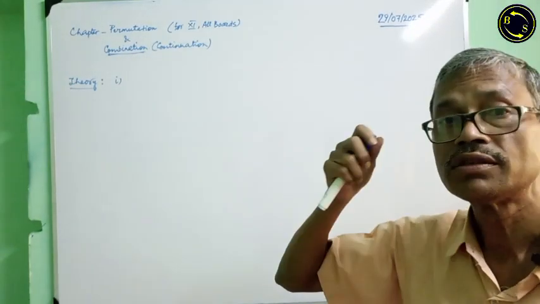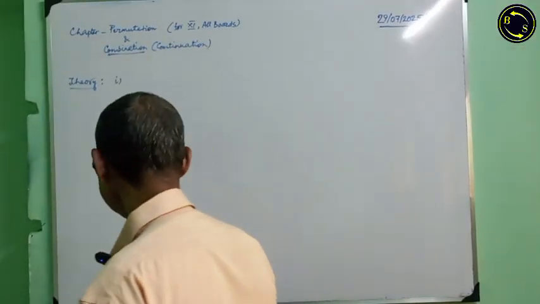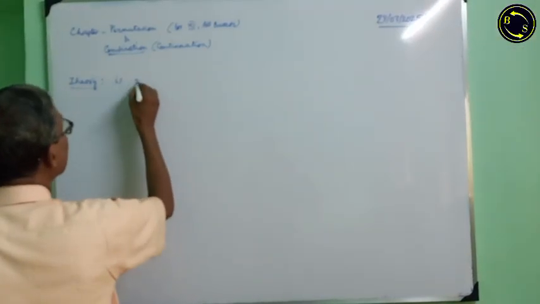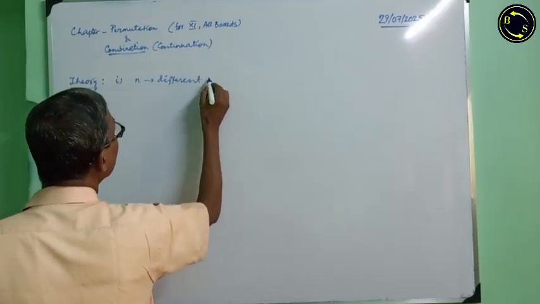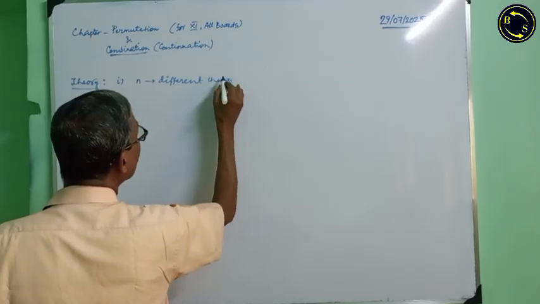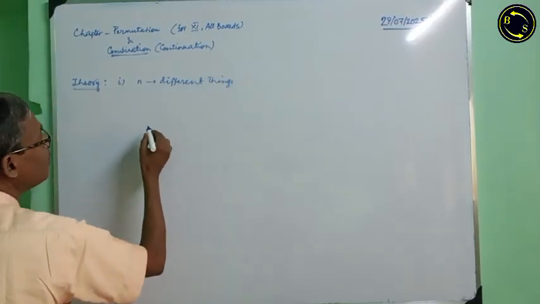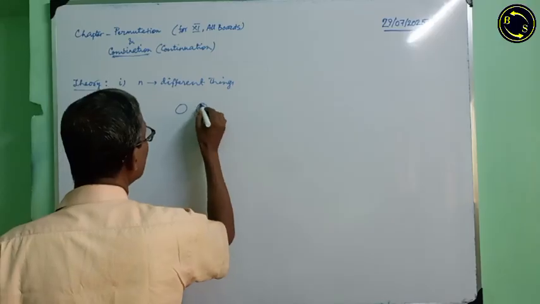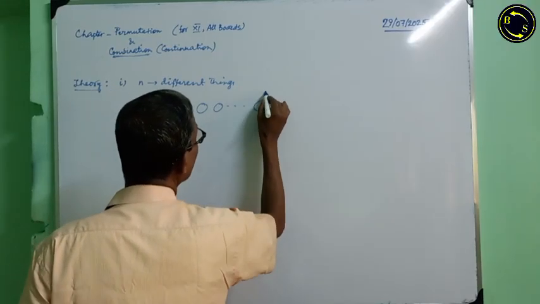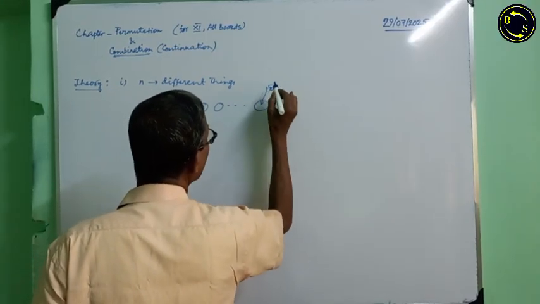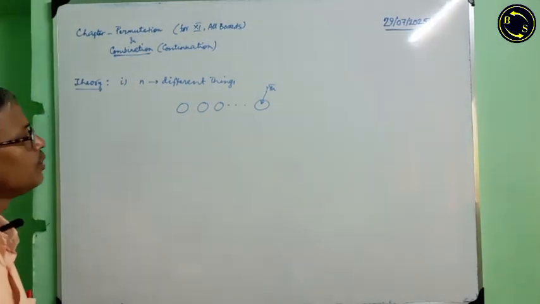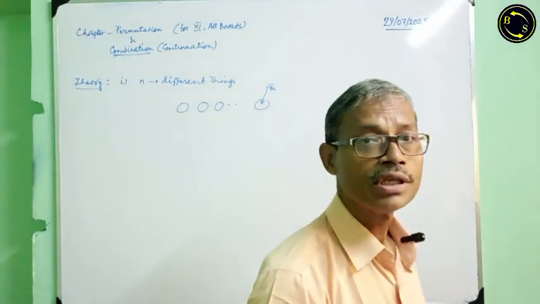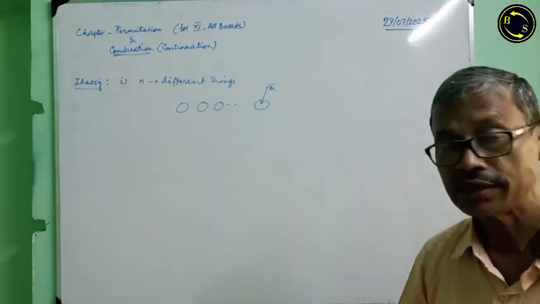Now I discuss few theories. First of all, n different things are there, where to take r things together and arrange.